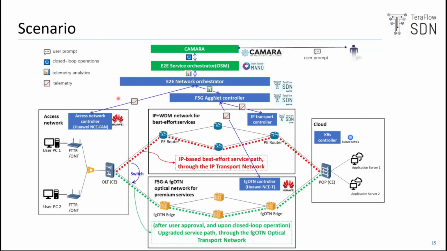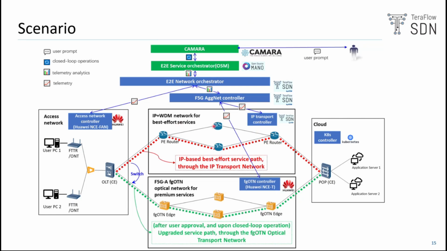And what we were showcasing in the demonstration is that thanks to this information that we collect by means of this SIMAP framework that we were implementing, we can have, for instance, a gamer that initially connects to the cloud by means of the best effort network at the IP layer.